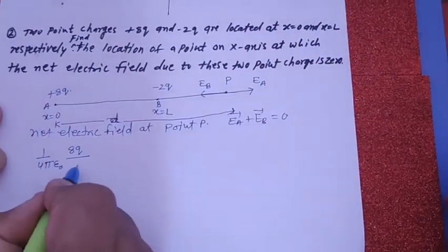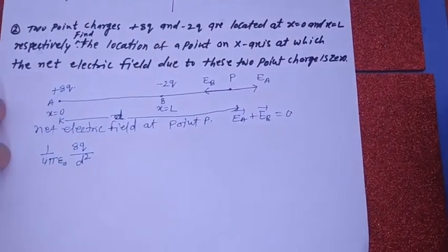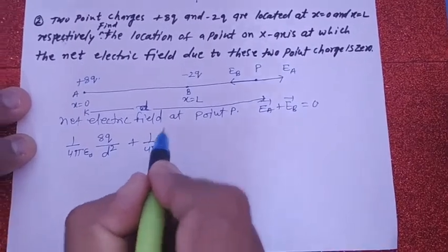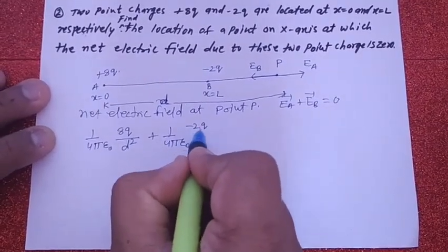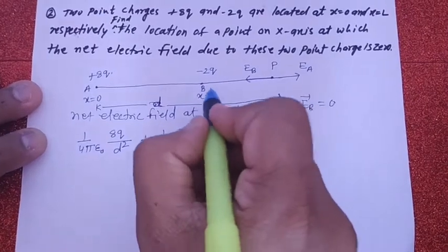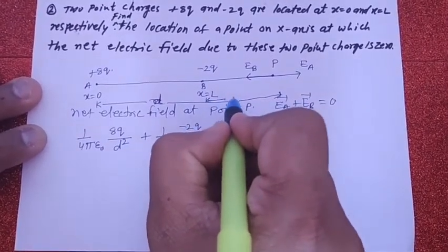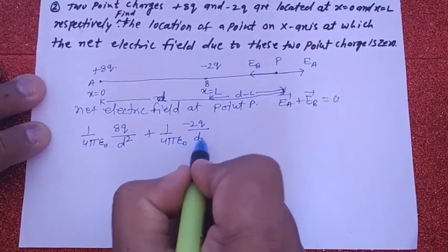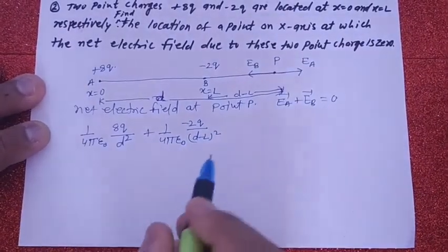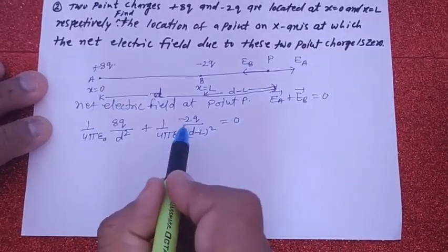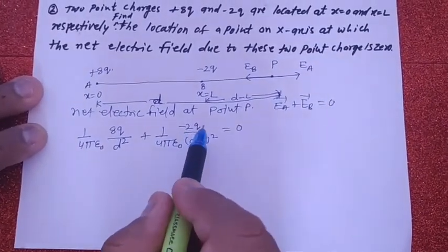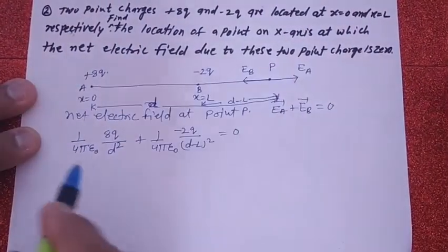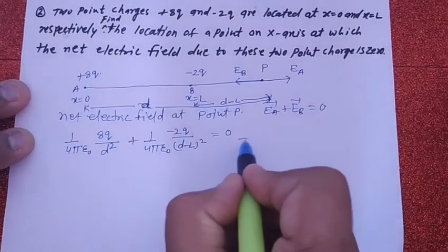So this distance is d square, plus 1 upon 4 pi epsilon 0, minus 2q upon this distance, d minus L. This distance is d minus L square, equal to 0. Here we consider the negative sign, as the directions of EA and EB are just opposite to each other. Now we just solve this.